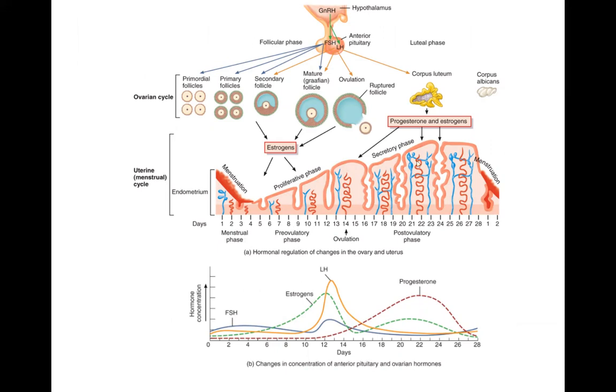Here we have this specifically showing you the uterus or menstrual cycle things, and then with regards to what's going on in the ovaries. And I've tried to stretch this graph to match up with the same days, and this is showing you what's happening with the hormones. Okay, we are not showing every hormone, but we see FSH, estrogens, LH, and progesterone.